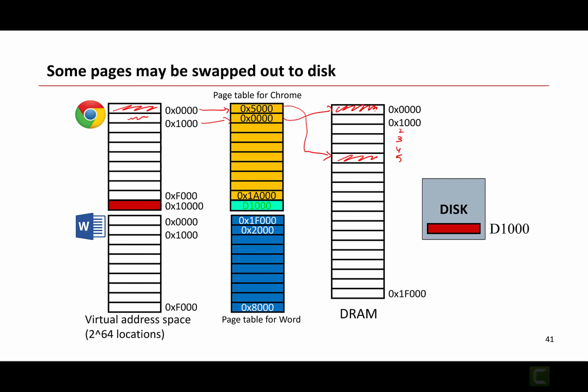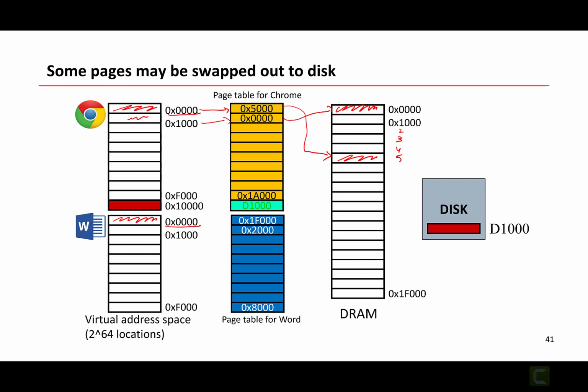Now let's take a look at Word. Its 0th virtual page, and notice that the virtual addresses of two different processes can overlap with each other. This is to be expected because as far as each program is concerned, they are in their own world as defined by their ISA. Program Chrome has a view of an address space that goes from 0 to 2 to the power 64.